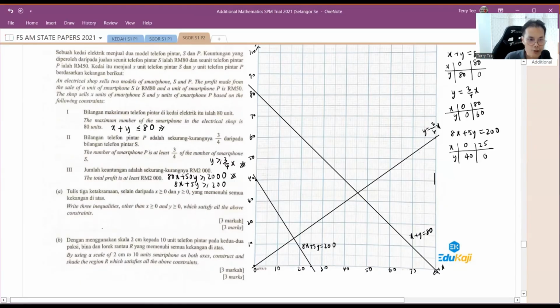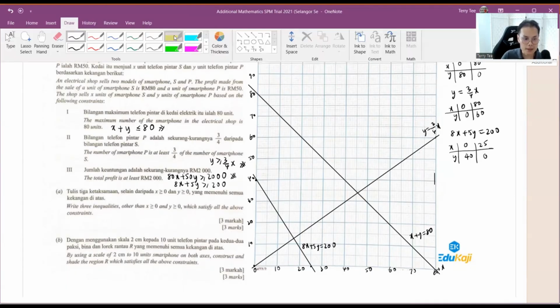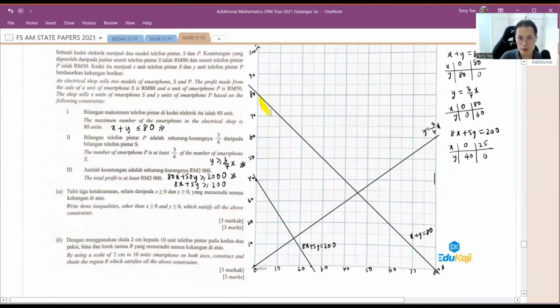Okay, then we have to shade the region. So the first one, x plus y less than or equal to 80. So it's below here. Okay, I'm going to use my highlighter. Looks better. It's going to be below here, right? Second part, it must be greater than or equal to 3 over 4x. So I know it's going to be above here.